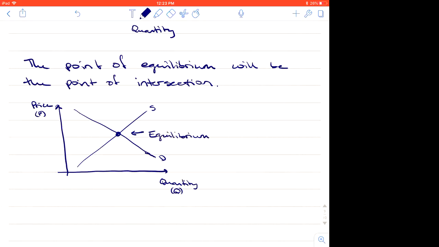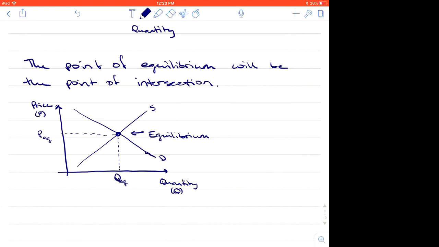At this point we have some quantity of the equilibrium. That's a Q again, sorry. And some price of the equilibrium.